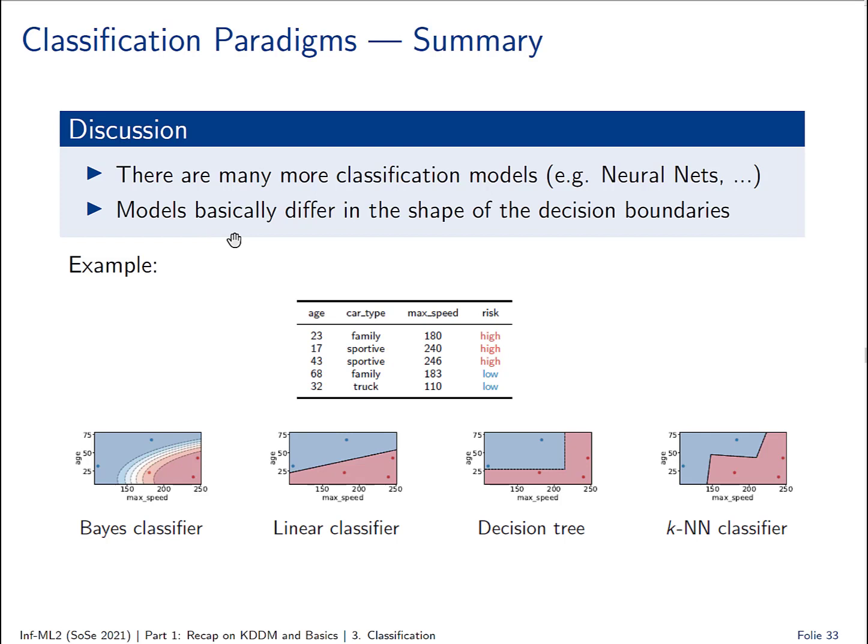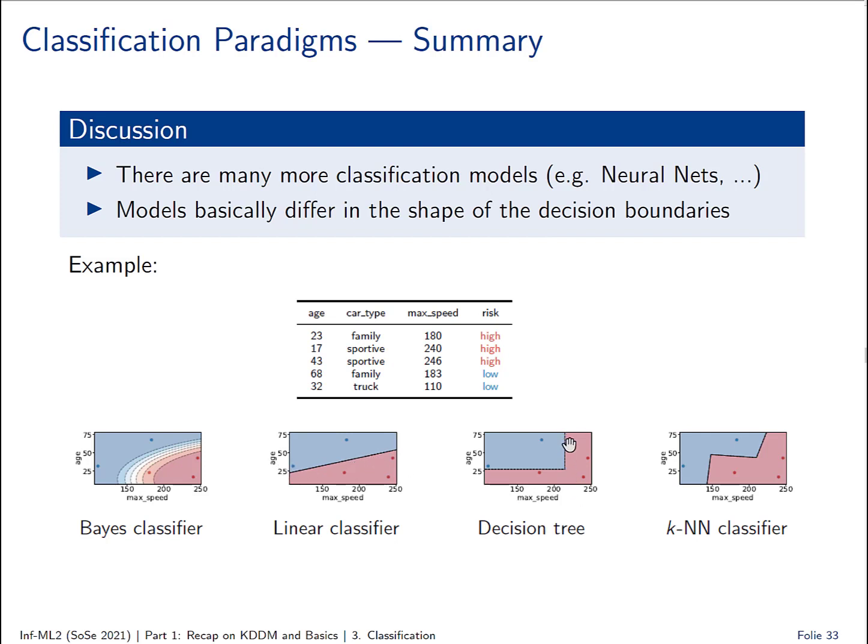And once again, all these models basically differ in the shape of the decision boundary, because we don't know in a high-dimensional space what the decision boundary actually is. Bayes classifiers typically have a kind of non-linear shape, because we have different Gaussian distributions, and the area where the probability of belonging to both classes is equal would be the decision boundary in that case. Linear classifiers obviously have a linear separation.